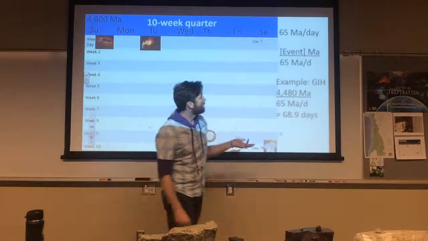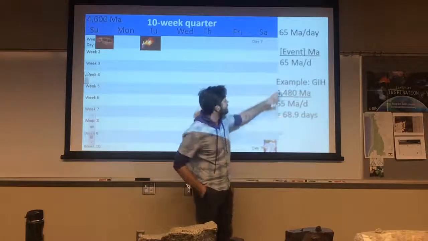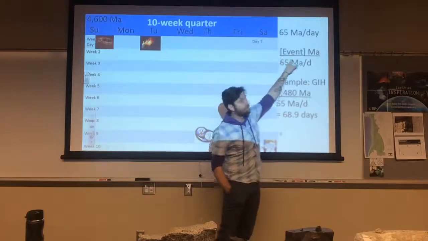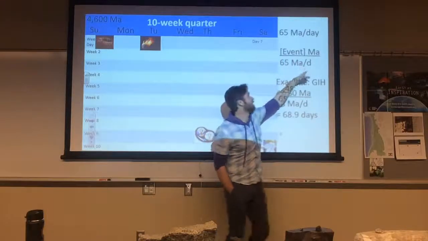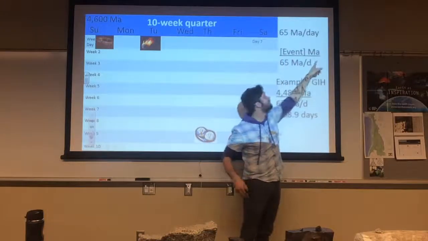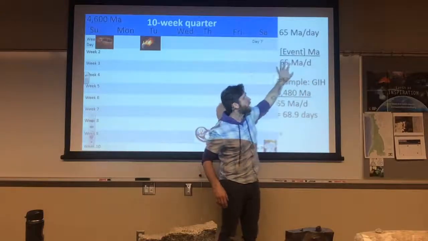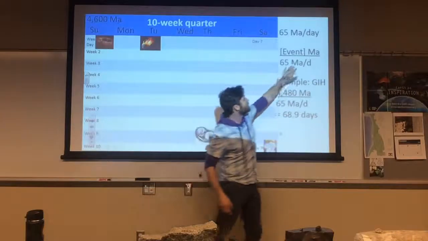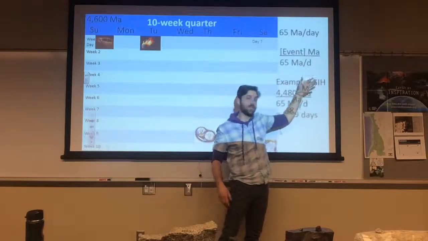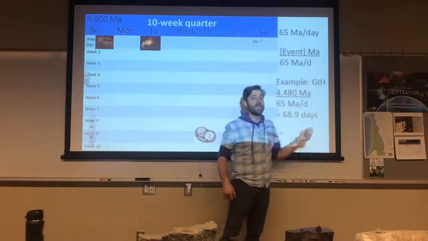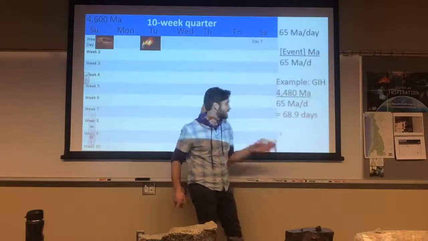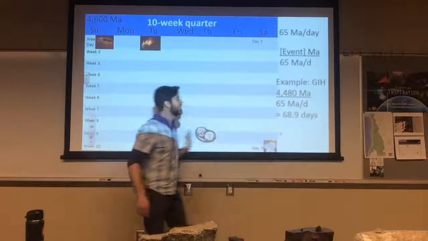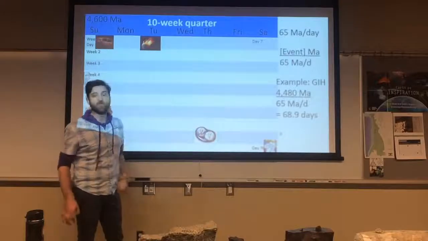The easiest way to calculate this is to take the event in question in its respective number of millions of years, and then divide that by 65 million years per day. So your millions of years cancels out and you end up calculating days. And then you take that number of days and count backwards from today to get to your number.